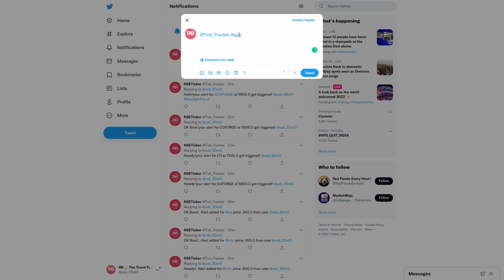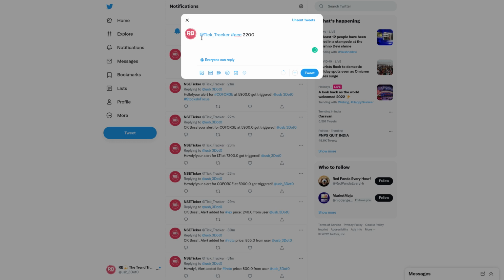So what's an important level for me is definitely 2200 and say 2300, but I want to see if ACC ever comes to say 2200. So I will just put the price which I am interested in, 2200. This is just the format which you have to follow.